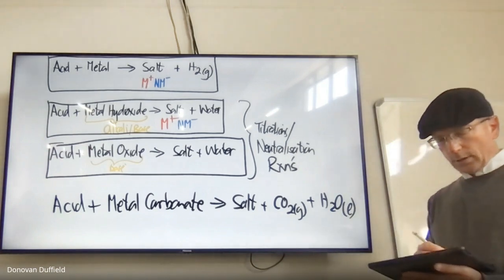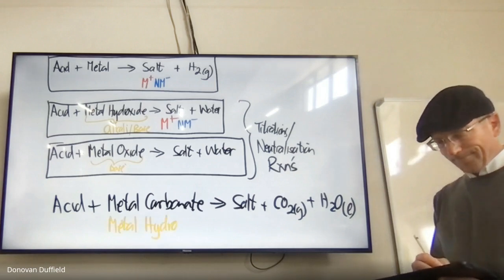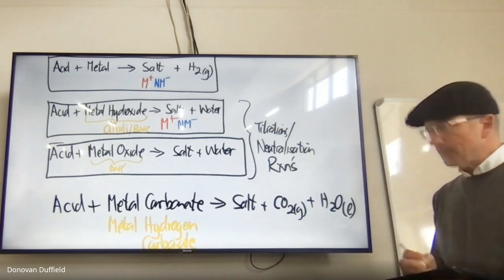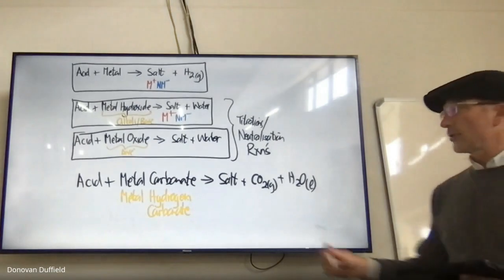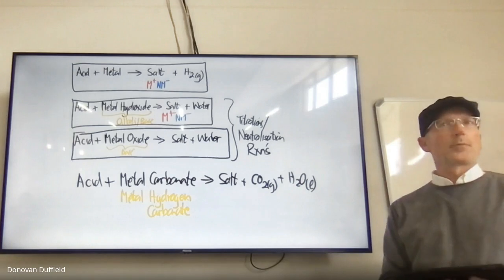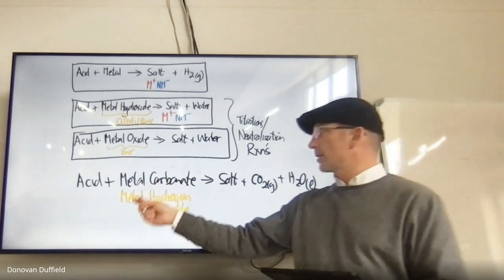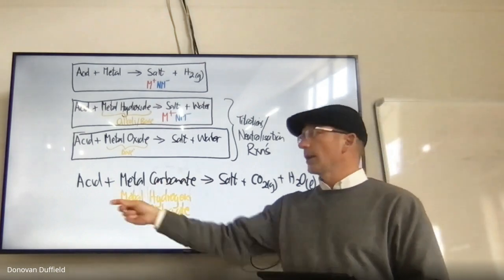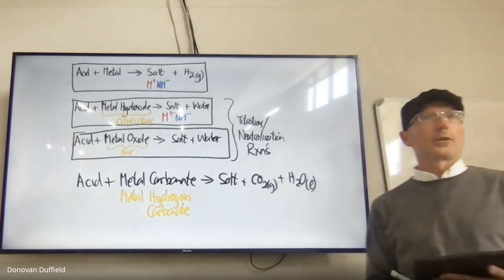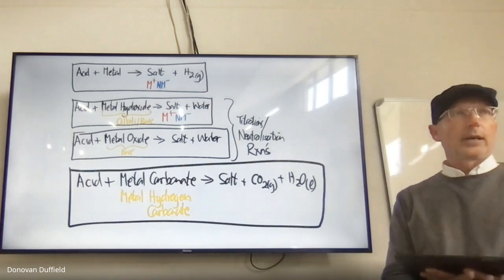There is an alternative where you're working with a metal hydrogen carbonate, which does the same thing. Hydrogen carbonate is also known as a bicarbonate. So sodium bicarbonate or sodium hydrogen carbonate would also be a base. These are weak bases. So it's kind of an acid plus a base, produces salt plus water, but because it's a carbonate, it produces carbon dioxide as well. But these are the fourth type of reaction.